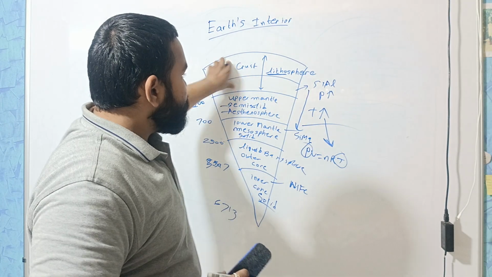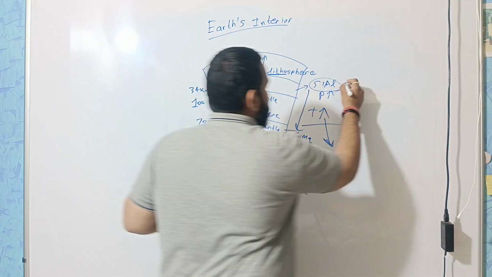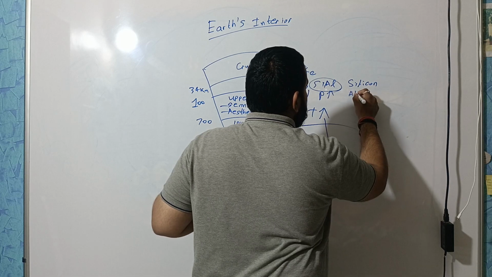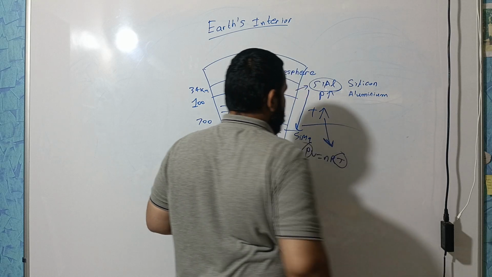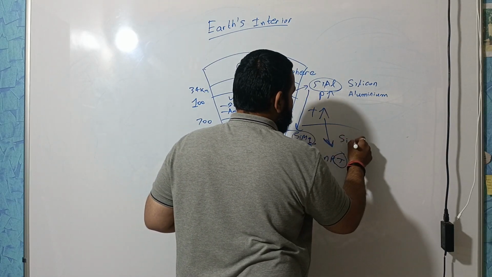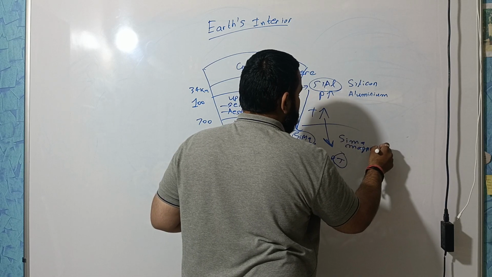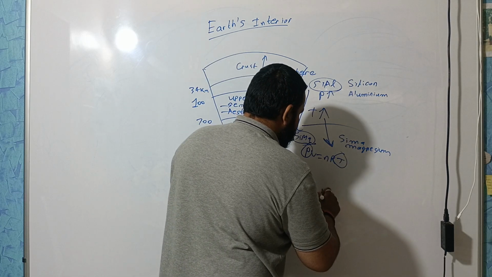So crust is silicon, aluminum. I'm writing here, silicon, aluminum. Mantle is Sima. Sima means silicon magnesium. And Nife is nickel ferrous.